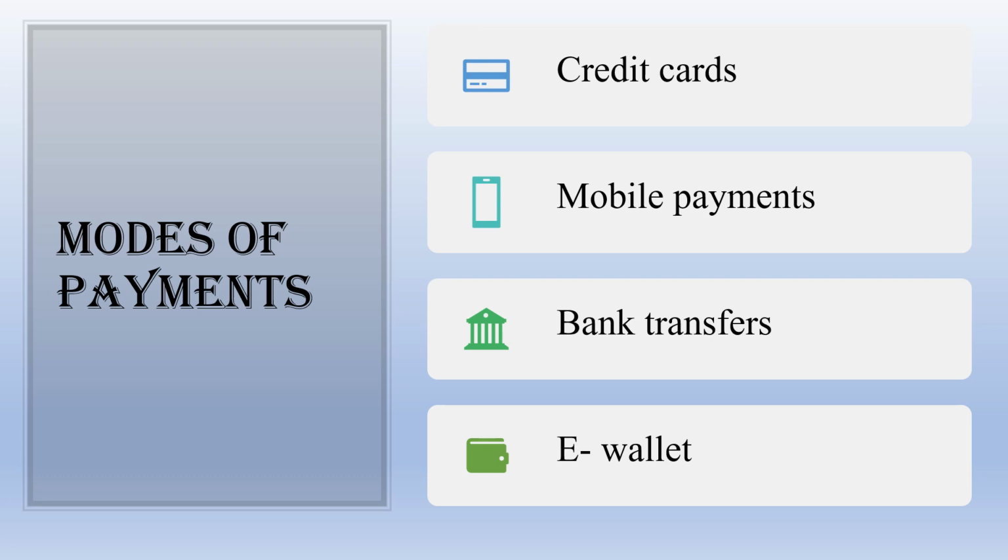Examples of apps like UPI, Paytm, Google Pay, PayPal, etc. are examples of mobile payments. The consumer can pay through their mobile without using any other transaction methods.